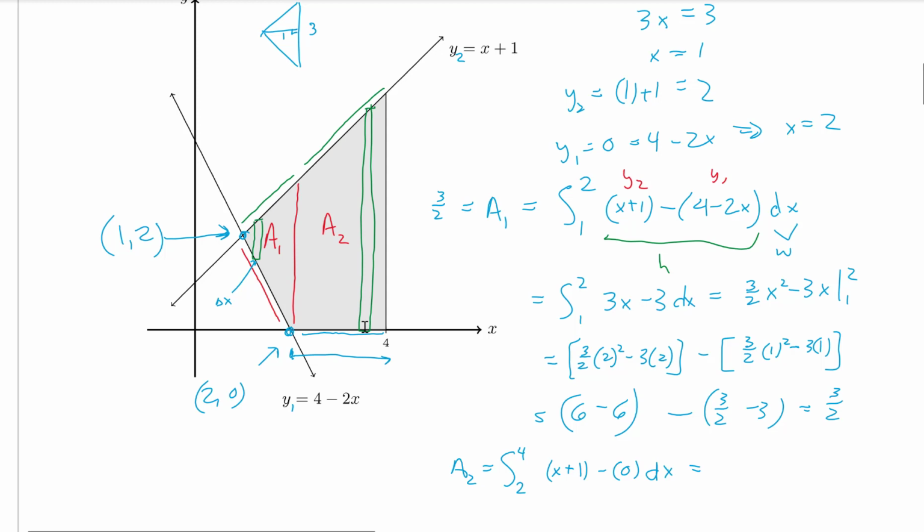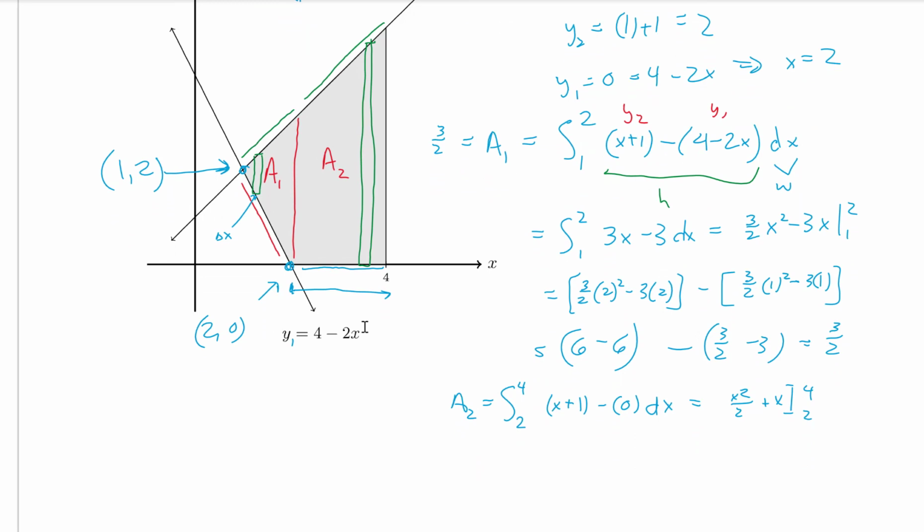When we calculate this integral, we get x squared over 2 plus x, evaluated from 2 to 4. If we simplify that, we get 16 over 2 plus 4 minus 4 over 2 plus 2. That gives us 12 minus 4, which is equal to 8.